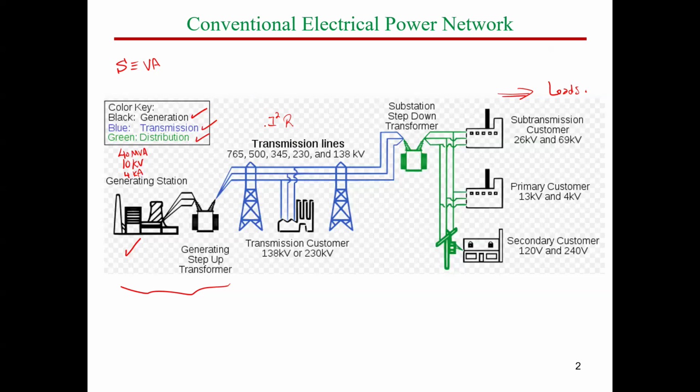This is one factor. Another factor is if you need to transmit very high current compared to low current, this means the cross-section area of the cable or the transmission line would be larger. And a smaller current means a smaller cross-section transmission line, which means the cost of the cable would be less.